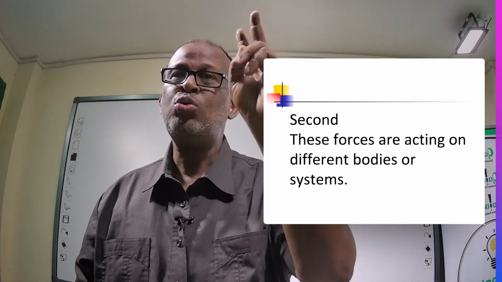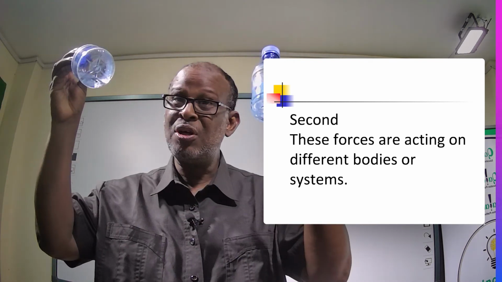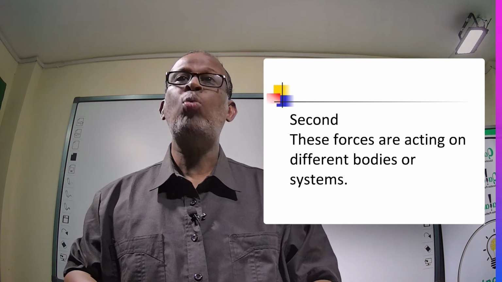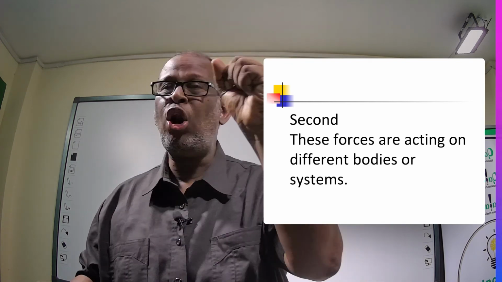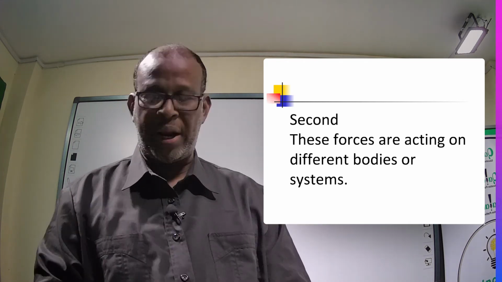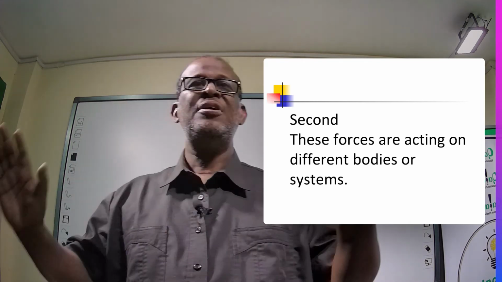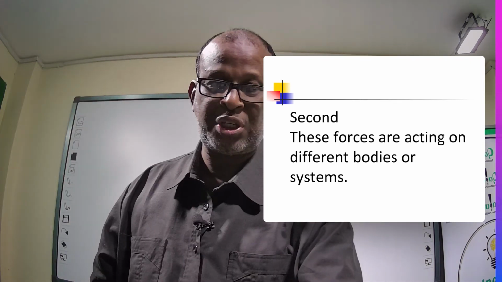Yes, two objects are necessary. For example, the wall and the person, the pole and the person. Two different objects, not one. Now it's clear, no misconceptions.